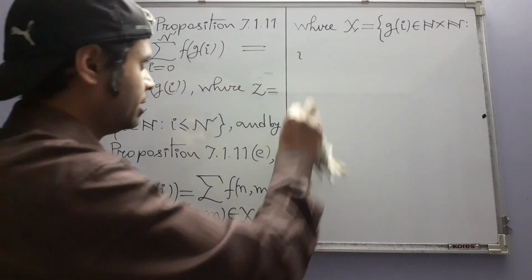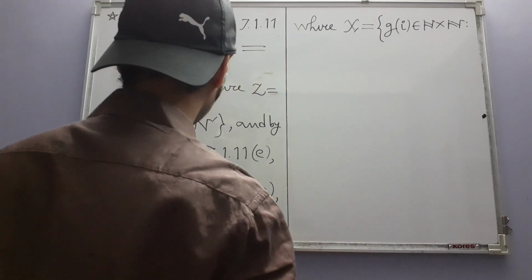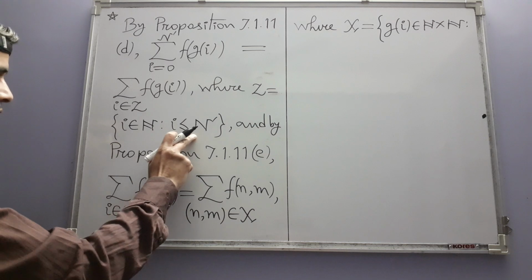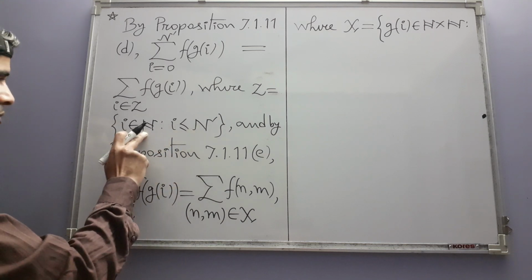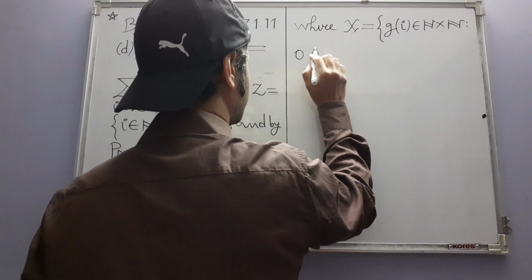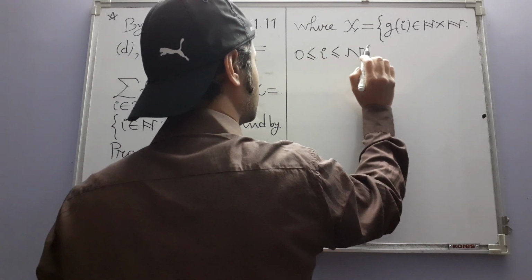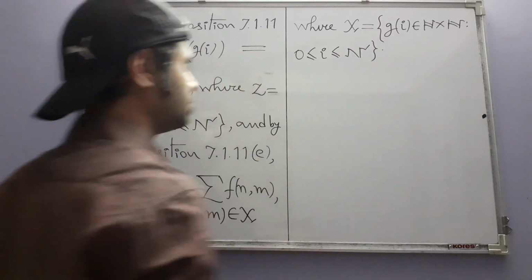I need to mention that here i starts from 0. Earlier I did not have any need to mention because i is a natural number, that was given, but here I need to mention it, and it ends at n prime.